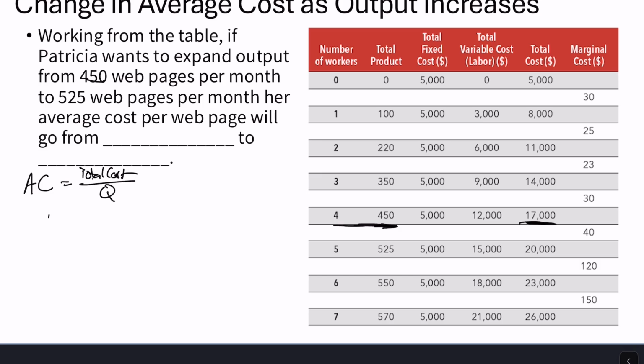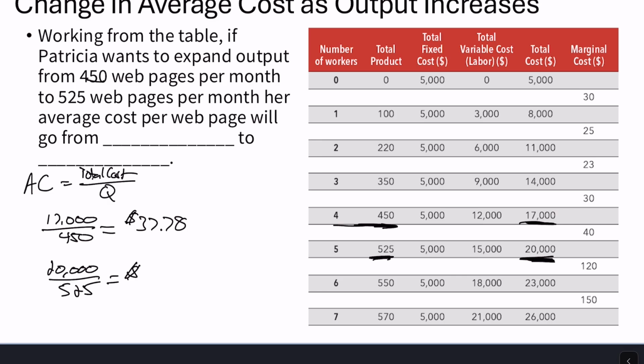And so then we can take 17,000 divided by 450, and we'll get $37.78 for 450 web pages. If we want to do 525, we're going to have a total cost of 20,000 divided by 525. Put that into your calculator, and you'll get a new average cost of $38.10.